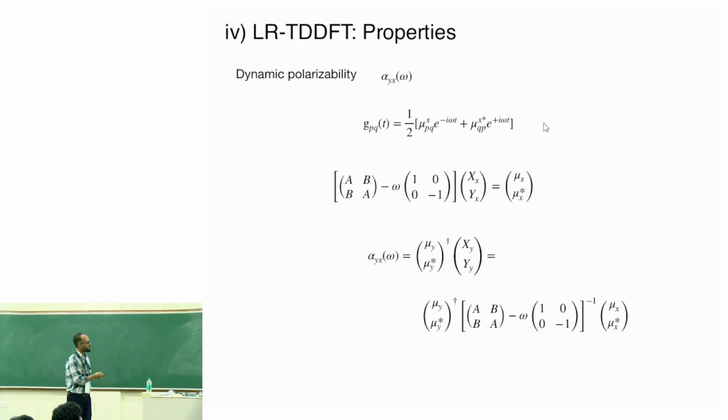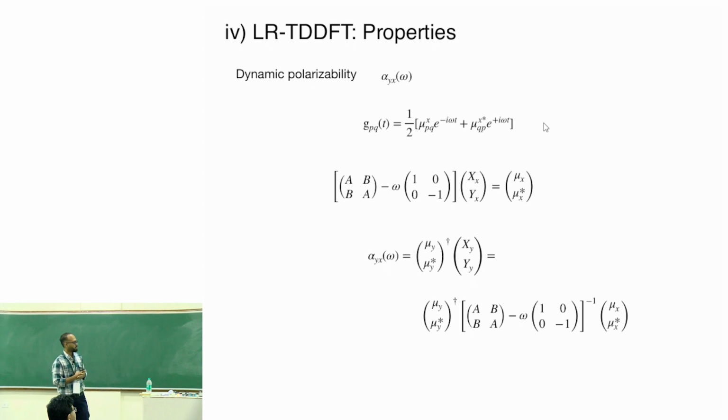That response times the direction in which I want to measure the response, mu y, that will give me alpha yx. Okay, so the term in its full glory will be the mu vector times the inverse of this whole response matrix times the mu vector again.